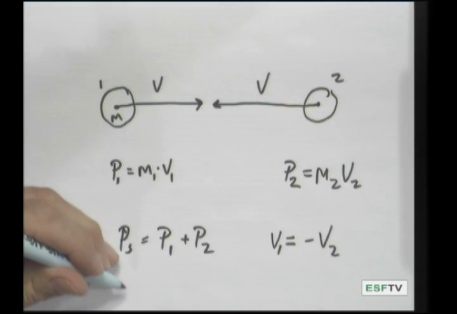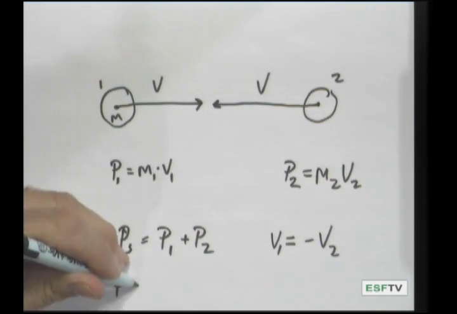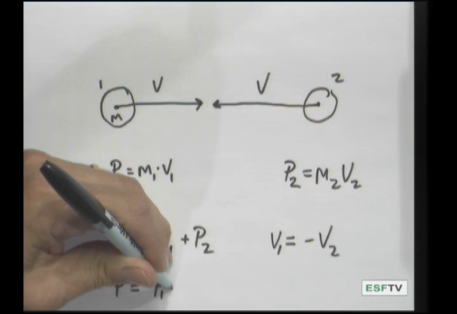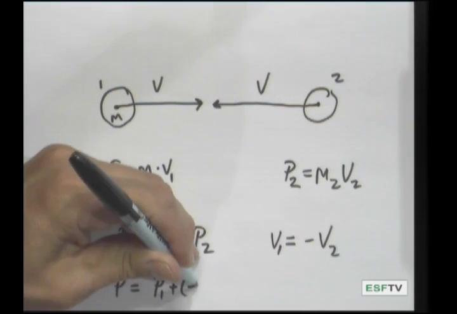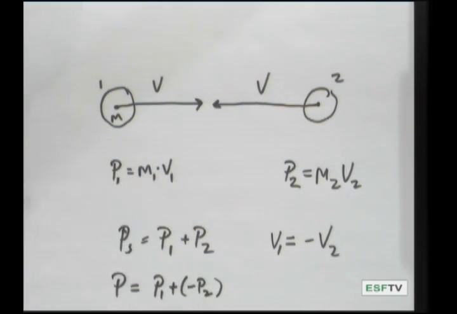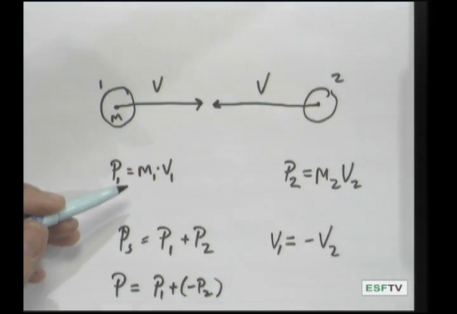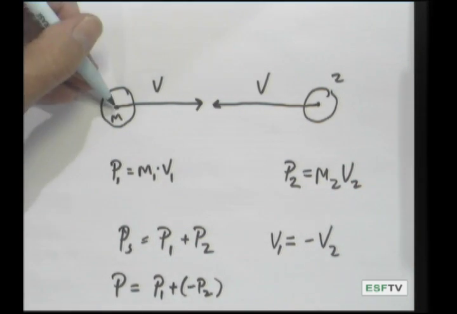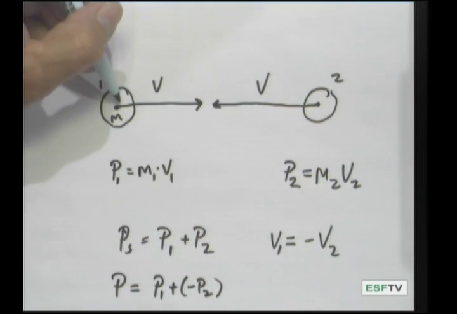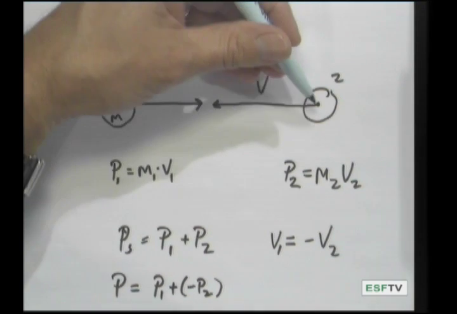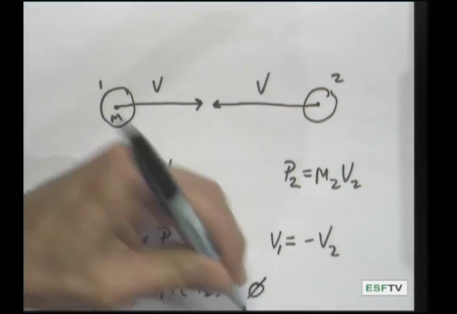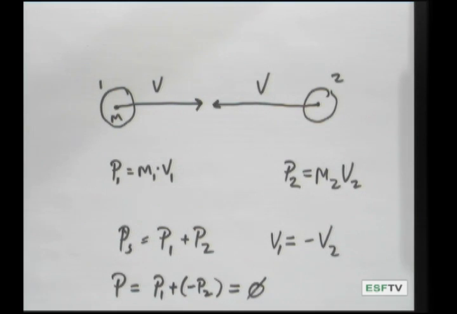And so the momentum of the system is equal to P1 plus minus P2. If the masses and speeds are the same but opposite in direction, you have a momentum added to the negative of the same momentum, and the total momentum of this system is 0.